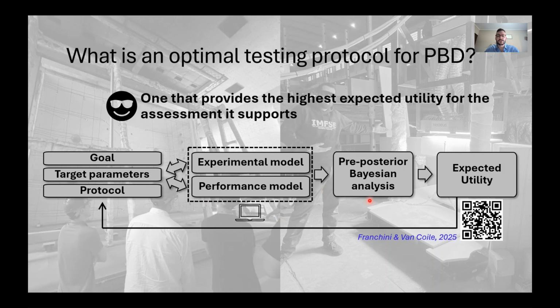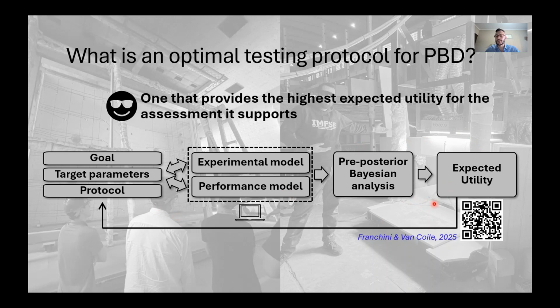Finally, we define some measure of utility to understand how much the update improved our understanding of the target parameters or of our target performance metric. And finally, we take the expected value out of all the possible realizations of the experiment and we iterate until we achieve an optimal point for the expected utility.